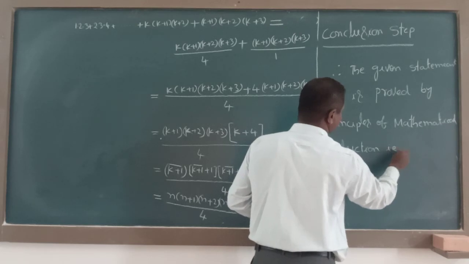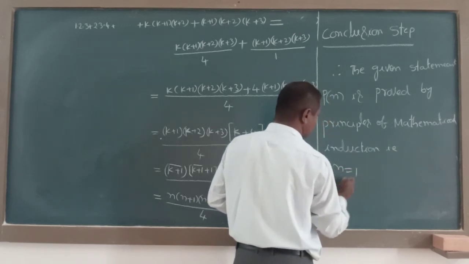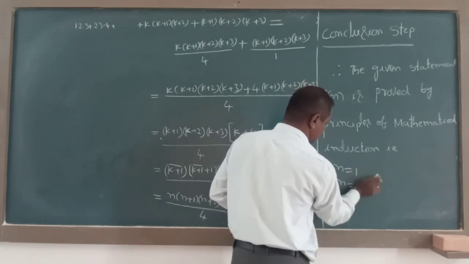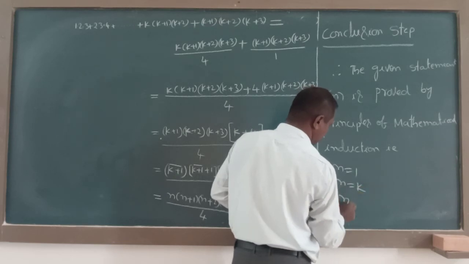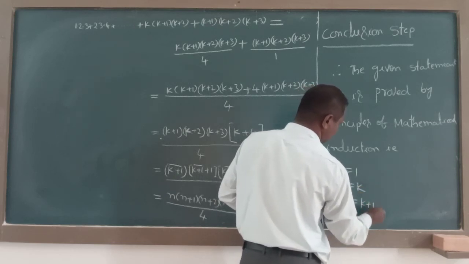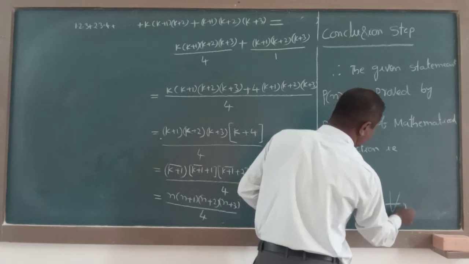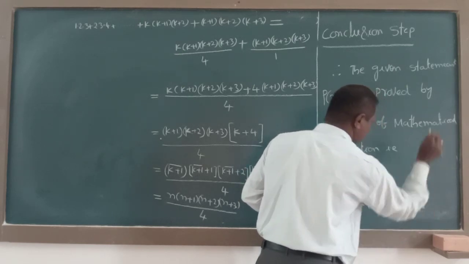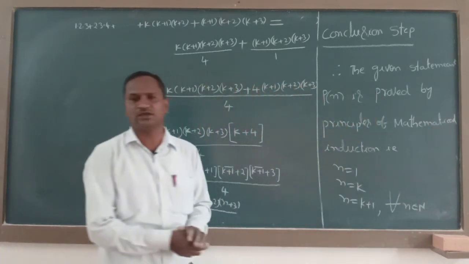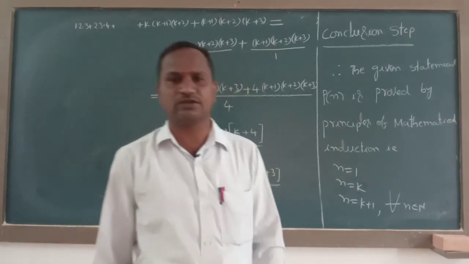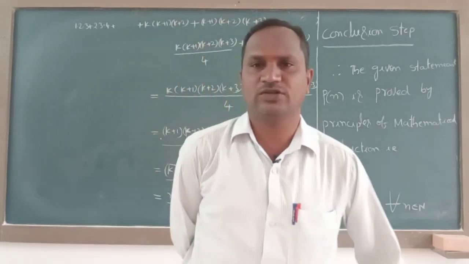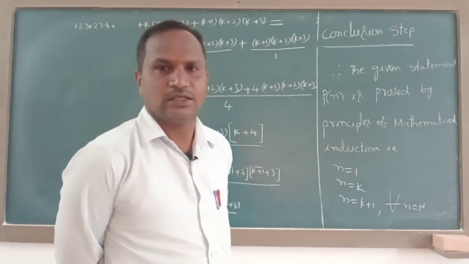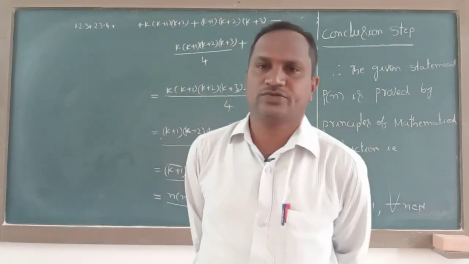That is, n is equal to 1, n is equal to 2, n is equal to k, and n is equal to k plus 1, for all small n belongs to capital N. Because in this exercise, all problems are defined on the set of all natural numbers only. Like that we are writing the conclusion step for this question.